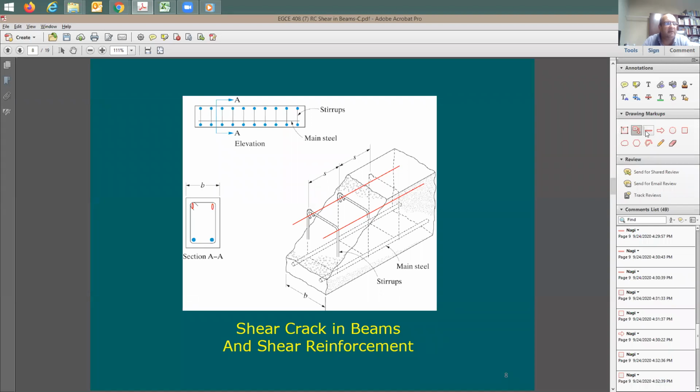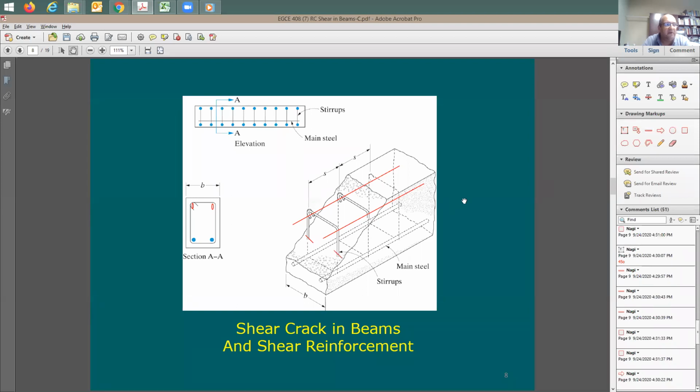Look at this. Let me cut this section here, this diagonal section, right? And let's look here at one tie only. How many sections have you cut through? Let's say I cut through this one and this one. So A sub V is going to be the total cross-section area that I've cut through here.